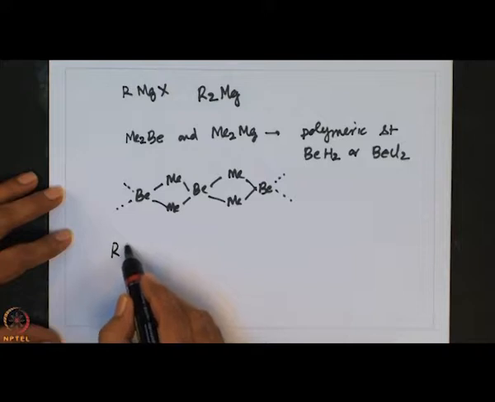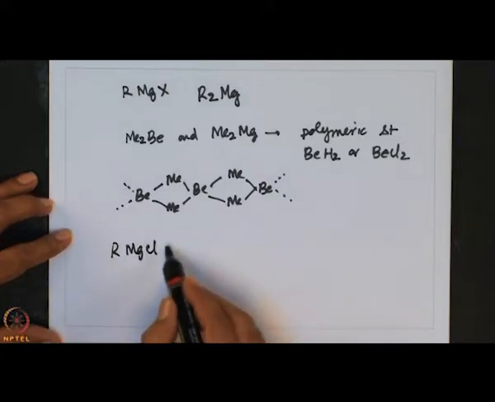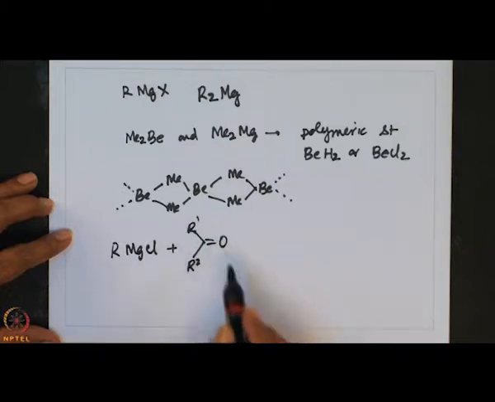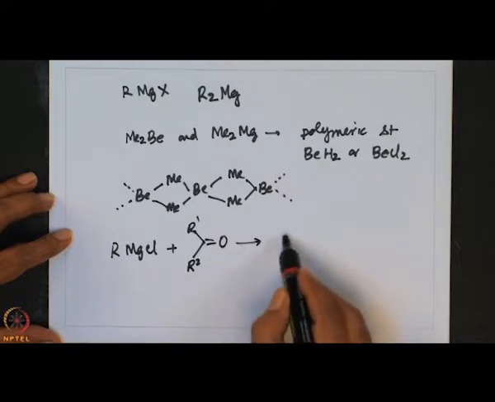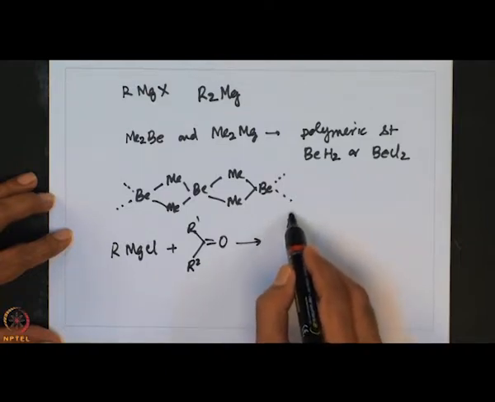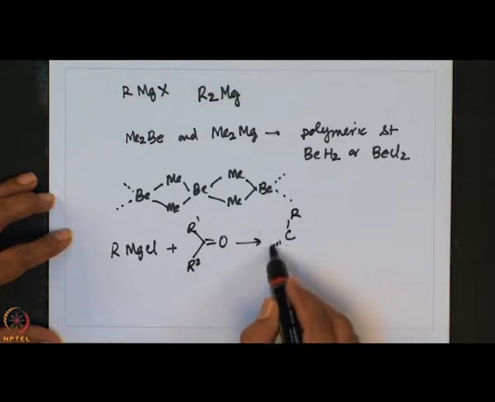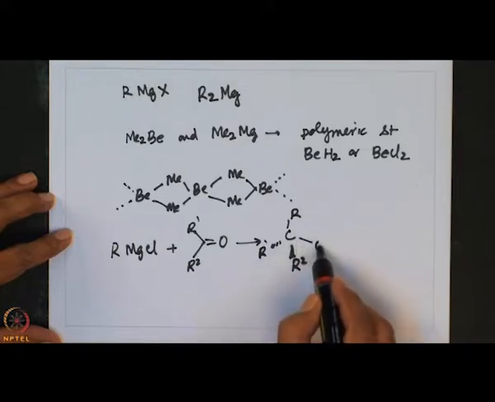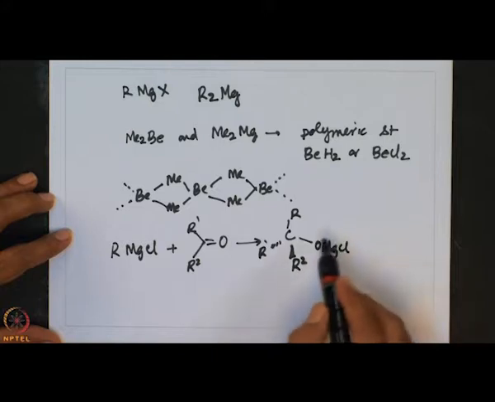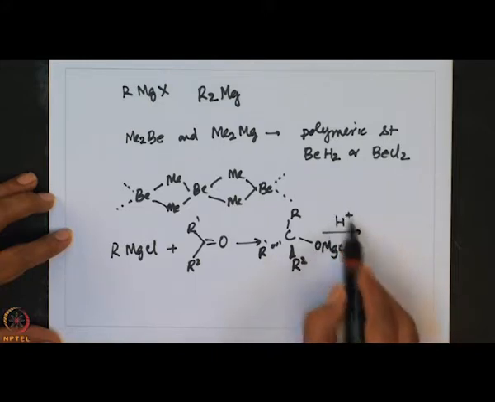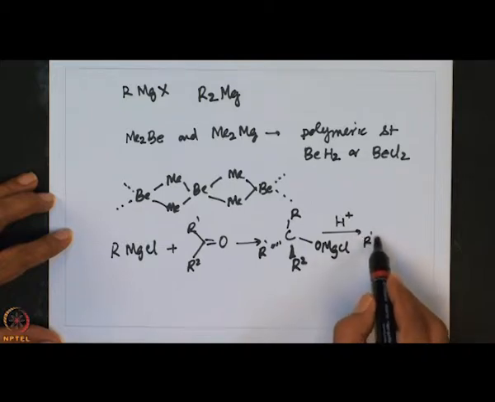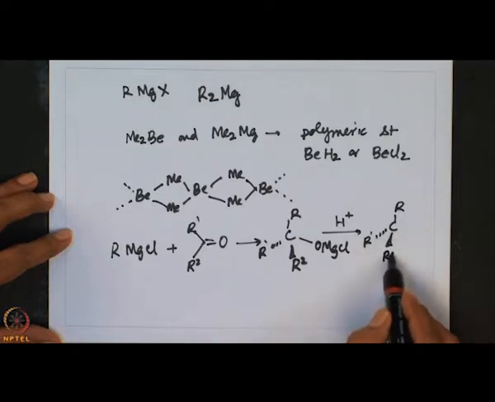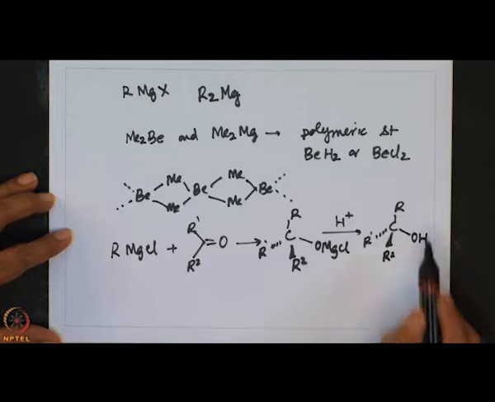Let us consider a simple RMgCl and treat this one with a ketone. Initially it forms an intermediate of this type, and then the product forms.